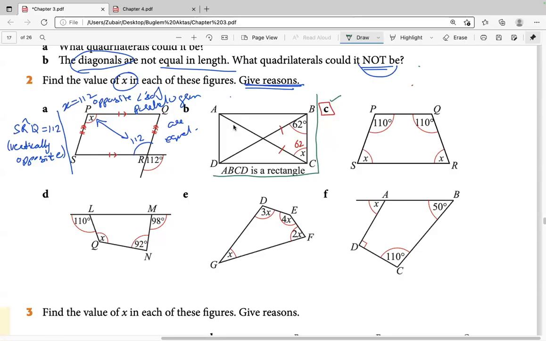X is 70, and the reason is because they're both equal. The two opposite angles in a trapezoid are equal. Okay, luckily we got the answer correct.